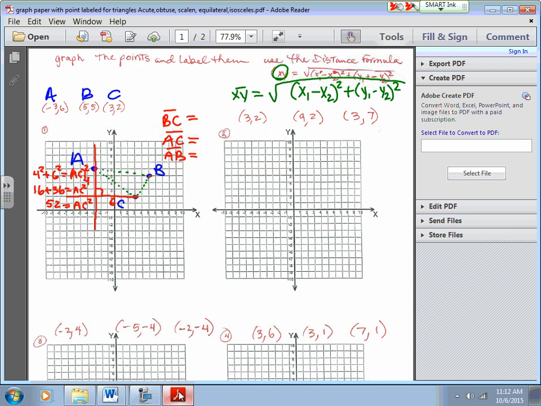Do you notice AC is the side that makes where the hypotenuse would have been because it's the one that's missing? Okay. Am I done right there? The square root of 52 is how much? 7.2. So AC measures 7.21 approximately.